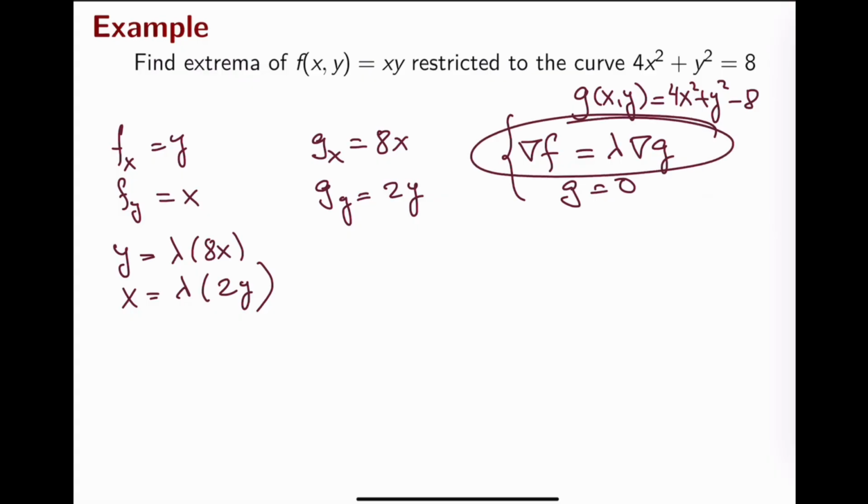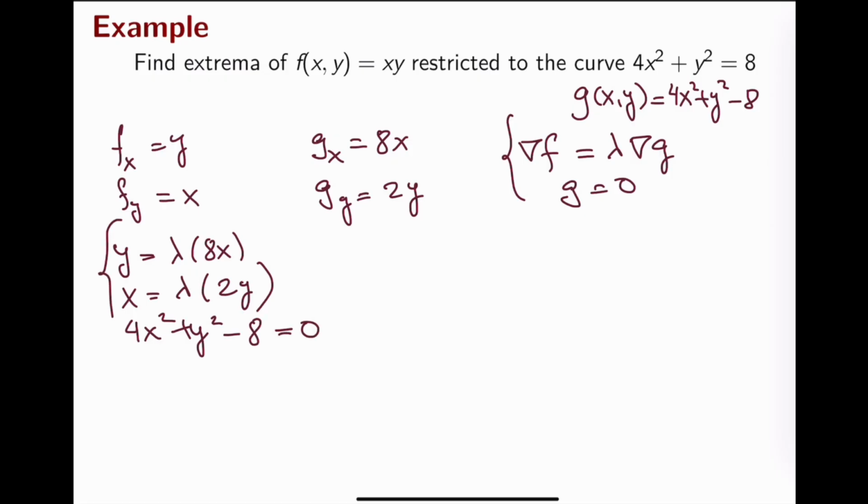These are the equations given by the gradient being equal to a multiple of the other gradient. And the last one will be g equals 0, so the last equation is 4x squared plus y squared minus 8 equals 0. This is the system of equations that we have to solve to find the candidate points.